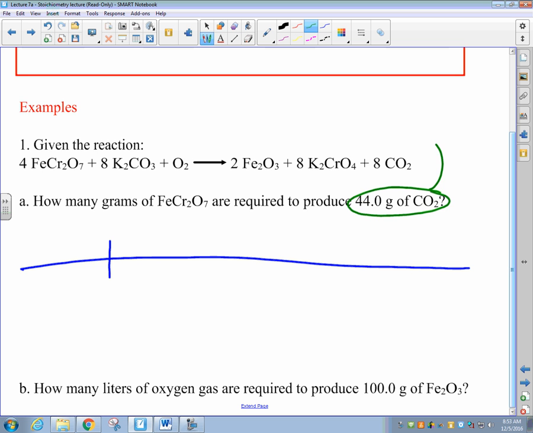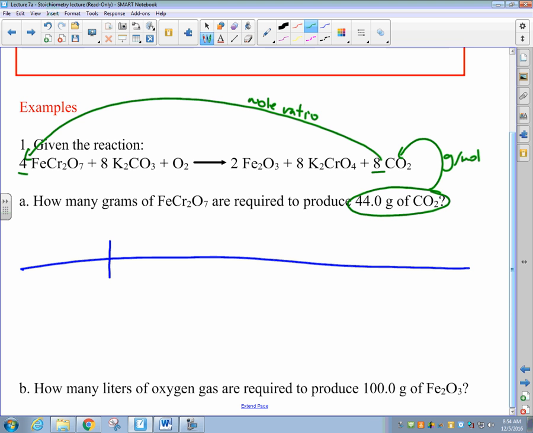So we're going to convert from grams of CO2 into moles of CO2 using a conversion of the number of grams per mole, right? Otherwise known as the molar mass. So we use the mole map here to make a grams to moles conversion into moles of CO2. And once we're into units of moles of CO2, we know that for every 8 moles of CO2 that are produced, we consume 4 moles of the ferrous dichromate, which means we're going to use that molar ratio in order to make a conversion from moles of CO2 to moles of ferrous dichromate.